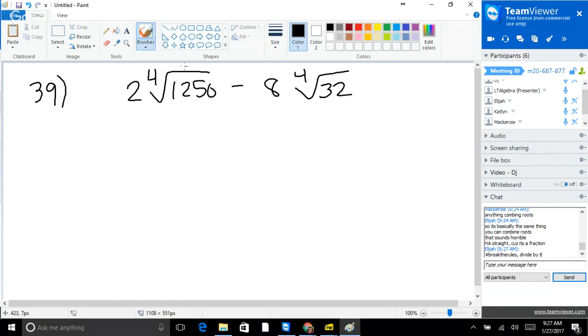We can try to see, divide by 8. We can try to see if 32 goes into 1,250. That's where I would start, okay? Because we can break up square roots, cube roots, 4th roots. We can break those up. So if I do 1,250 divided by 32, and I don't know if that's going to work. Nope. I don't get a perfect number there.